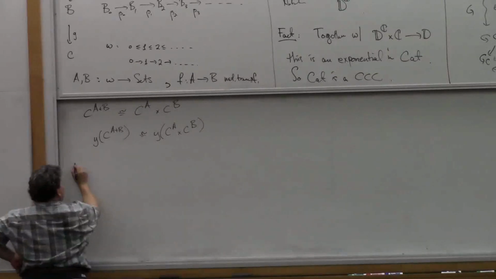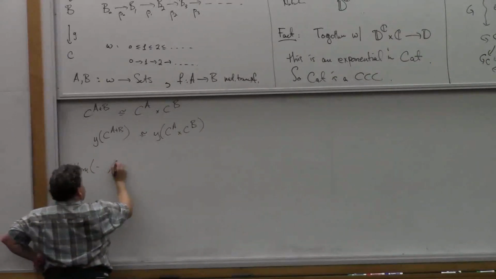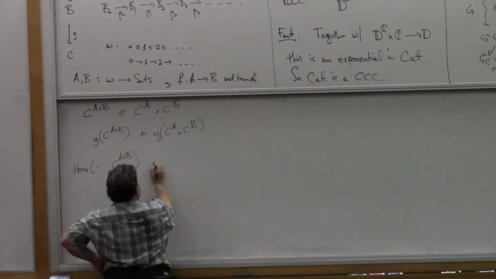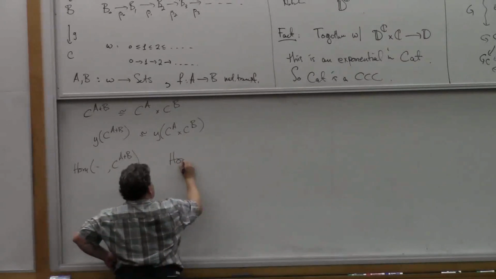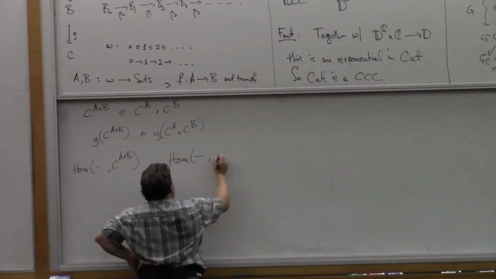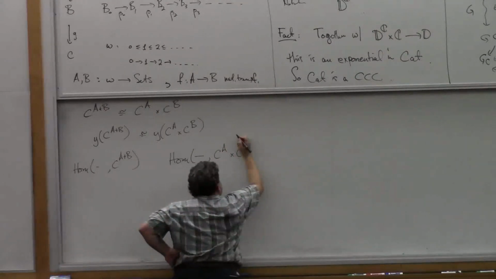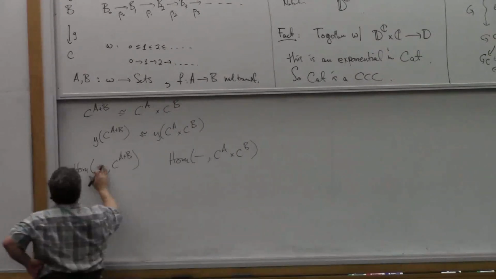Well, what's this? This is hom blank c to the a plus b. And this thing, which it's supposed to be isomorphic to, is hom blank c to the a cross c to the b. So that's what I'm trying to show. So let's give it an argument.